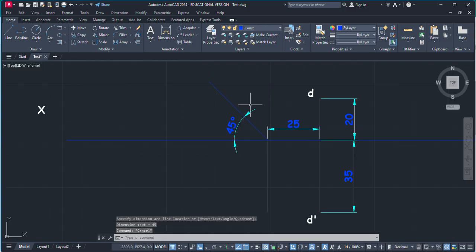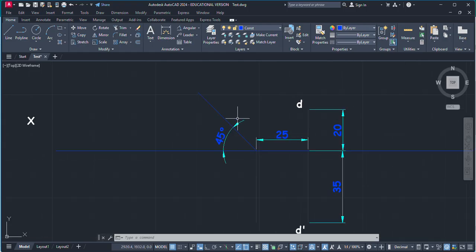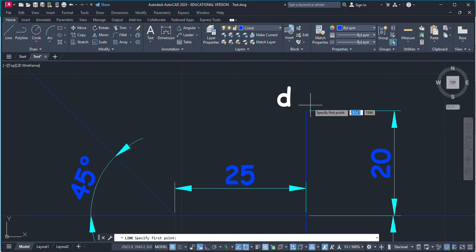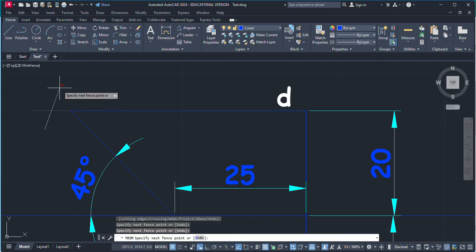From here to here it is 135, that is why this one is 45, because from here to here it is 180. So now just do one thing. From the top view, next step, create a horizontal line which will intersect with this inclined line.